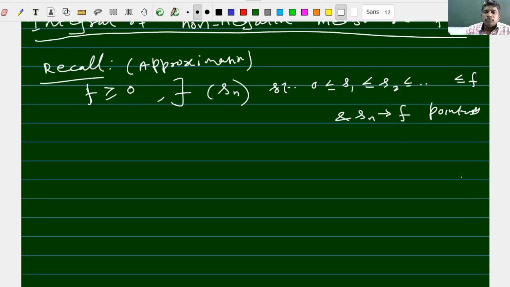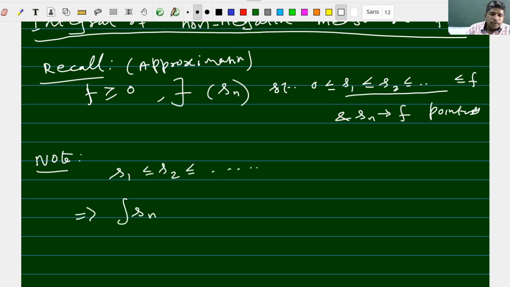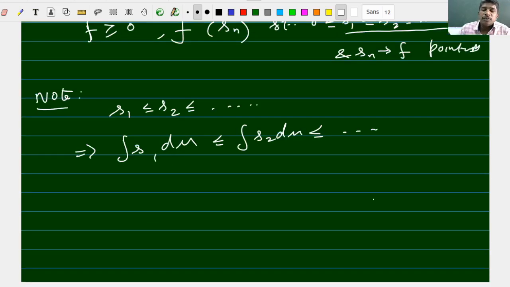But here, from the properties of the integral, we write the following note. In this sequence the relation between S_1, S_2, ..., S_n is the following: 0 less than or equal to S_1 less than or equal to S_2 less than or equal to S_3 and so on. So this implies that the integral of S_1 is always less than or equal to the integral of S_2 d mu and so on. This is also increasing in nature.